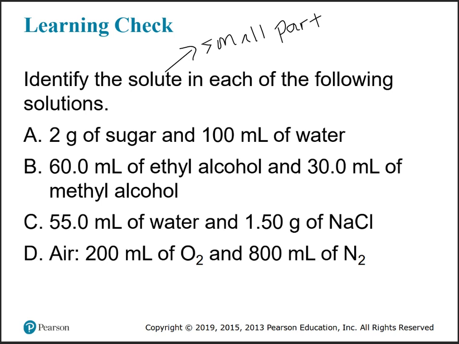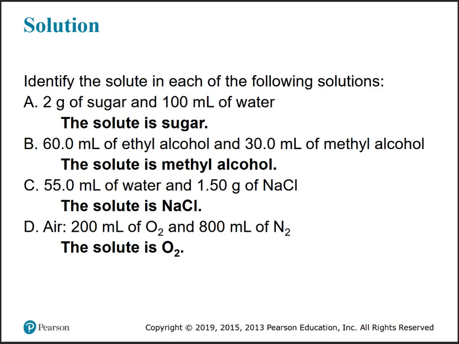Yeah, the methyl alcohol. All right. So you guys get that. I'm not going to stay on this one for too long. The smaller one of the two is going to be the solute. So don't forget that. Okay. And there's the answers there for you.